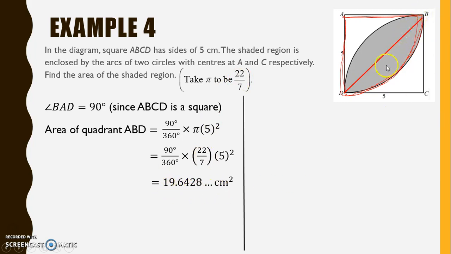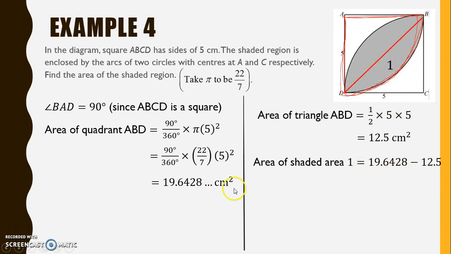Then, to find the area of this triangle over here, can you see? I want to find the area of this triangle over here, because if I take this minus the area of the triangle, I will get this area over here. So area of triangle ABD is half times 5 times 5, which will give me 12.5 centimeters squared. I'm going to label this region 1.